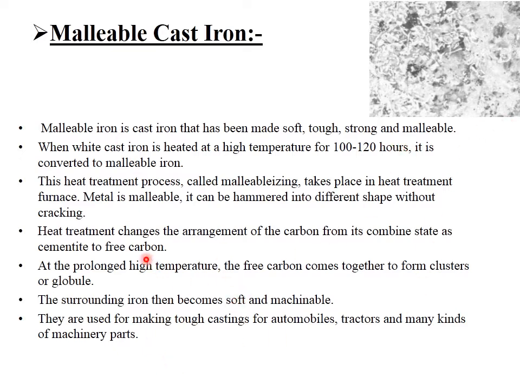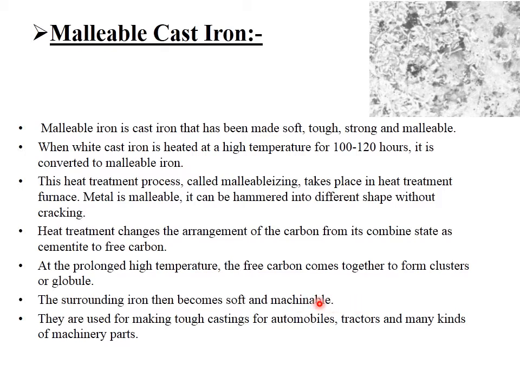The main purpose is that white cast iron is non-machinable because of the combined state of the hard cementite phase. Now if you get malleable cast iron by heat treatment, you can improve the machinability of the cast iron. This cast iron becomes a little softer compared to the previous one, the white cast iron, and it also has a very good characteristic of machinability.